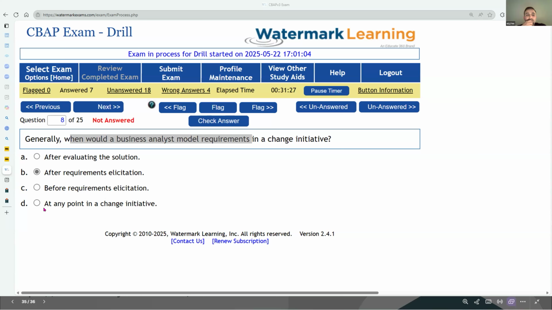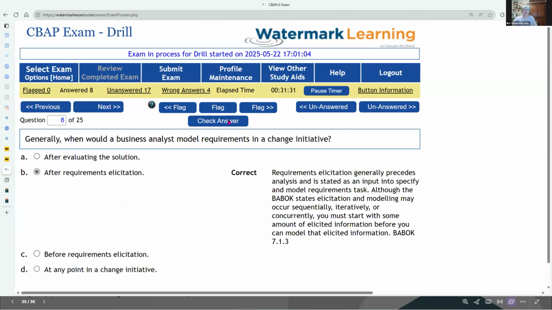Yeah, so B sounds to be the correct answer. I agree. Okay, let's test B. Requirements elicitation generally precedes analysis and is stated as an input into the specify and model requirements task. Although the BABOK states elicitation and modeling may occur sequentially, iteratively, or concurrently, you must start with some amount of elicited information before you can model that elicited information.